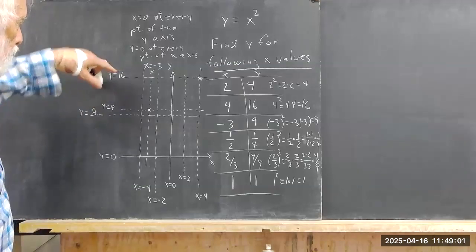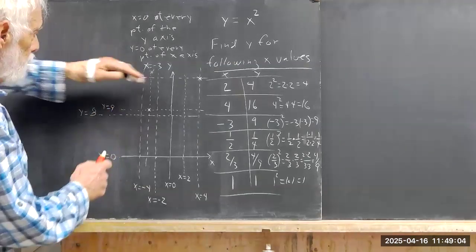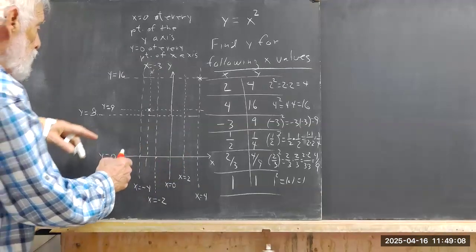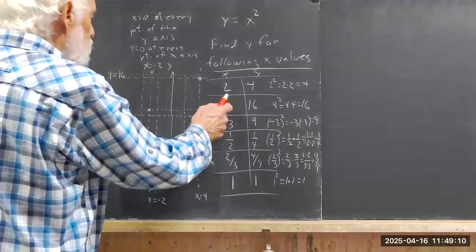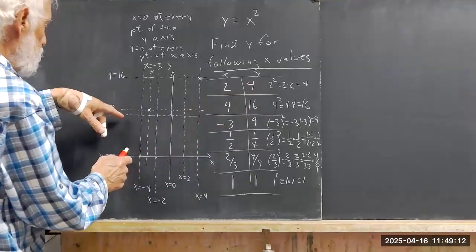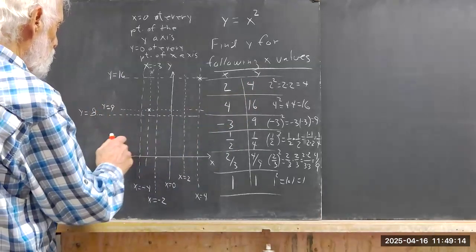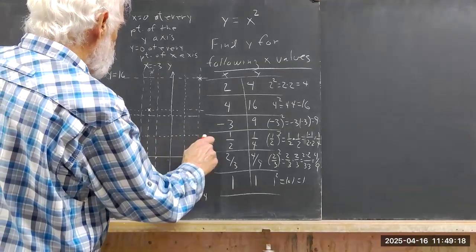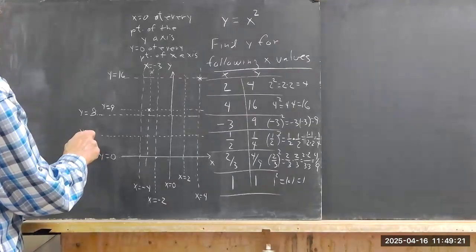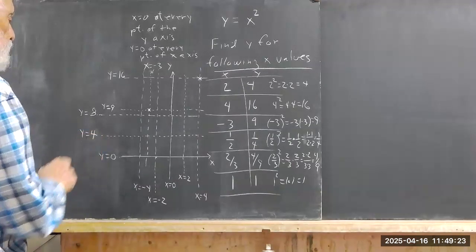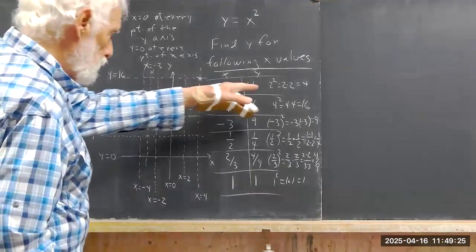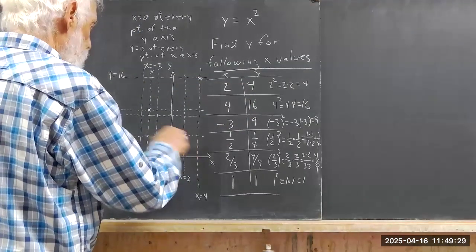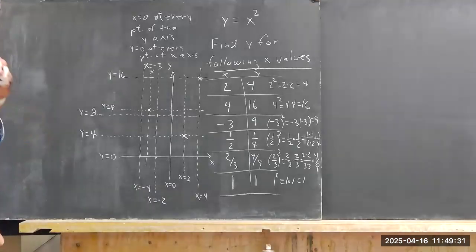That's half of 16. So that should be midway between the y equals 16 line and the y equals 0 line, which is the x-axis. So to get y equals 4, we go halfway between the y equals 8 line and the y equals 0 line, and that's going to put us right about here. And we know that when x equals 2, y equals 4. So we get this point.